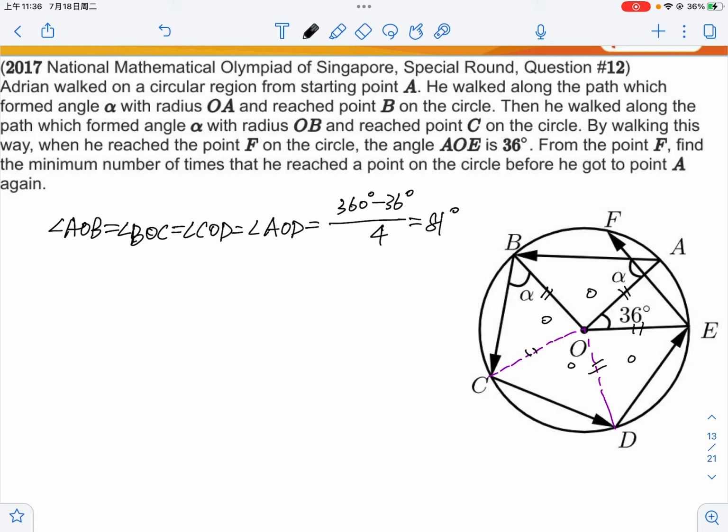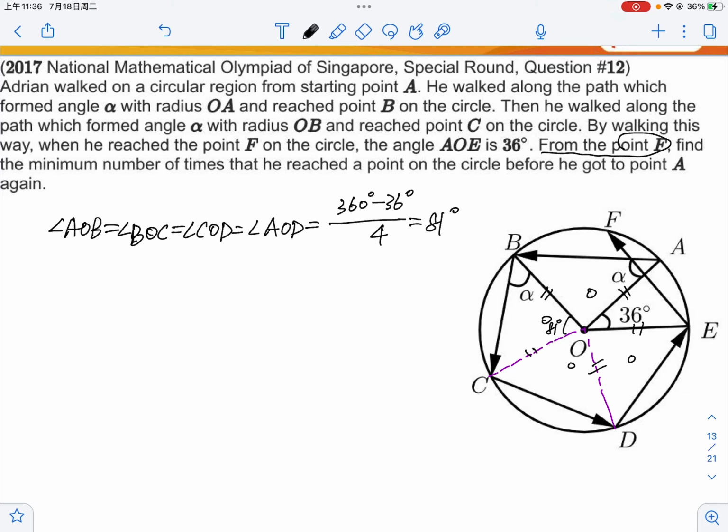So then we find out each angle is 81 degrees, and we need to find out what? Yeah, the question asks us, from the point F, find the minimum number of times he reached a point on the circle before he got to point A again, right?